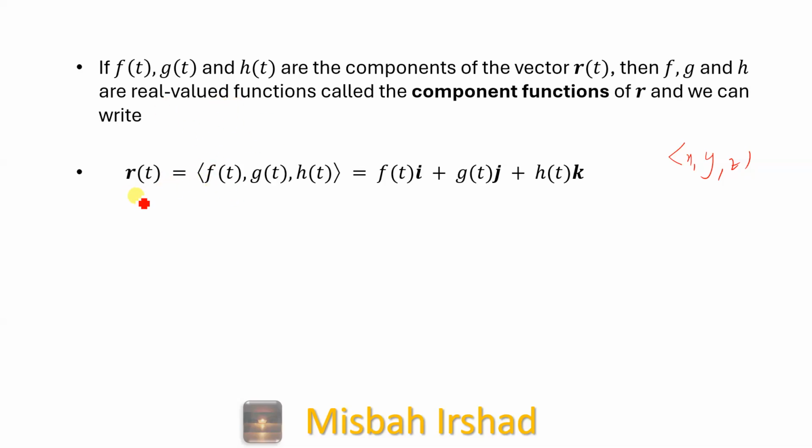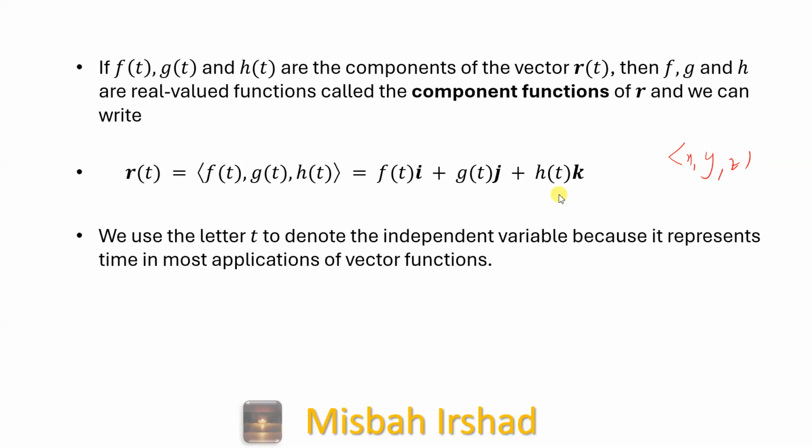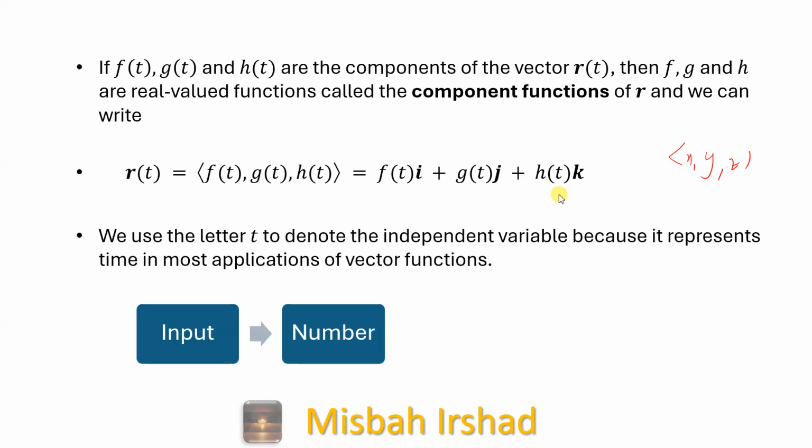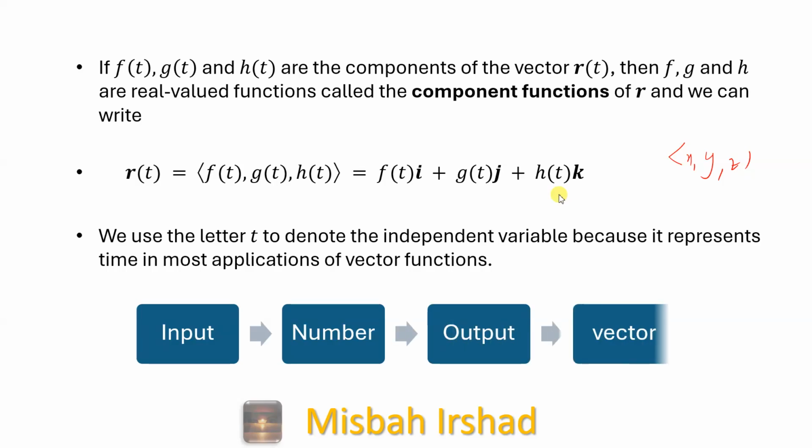So r(t) is a vector valued function whose components are f(t), g(t), and h(t), where f(t), g(t), h(t) are ordinary real valued functions, and each coordinate changes with t. Unlike ordinary functions, the output is not a number. The output is a vector. So if the input is a number, we get an output that is a vector.